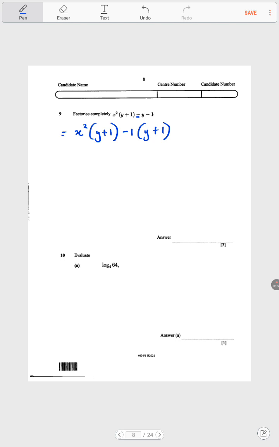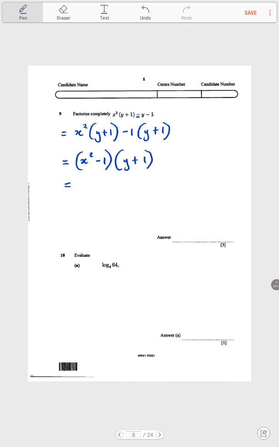Okay, so now I have got two factors here. I'm going to write x squared minus 1 and y plus 1.